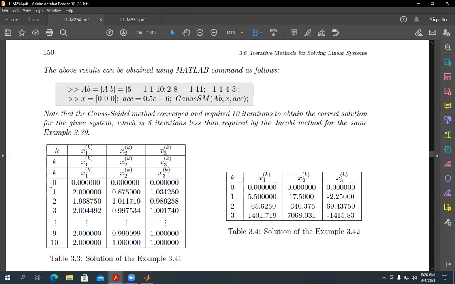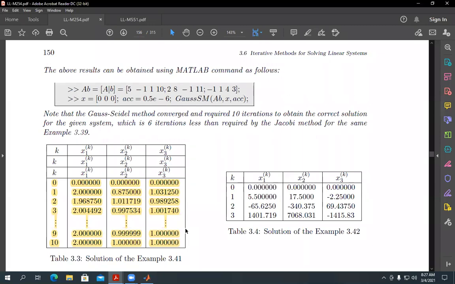When we reach this one here, we reach the accuracy 10 minus 6, and we use up to 10. 10 is not very good, but it is much, much better than the Jacobi method, because we know the Jacobi method for this formula took how many?